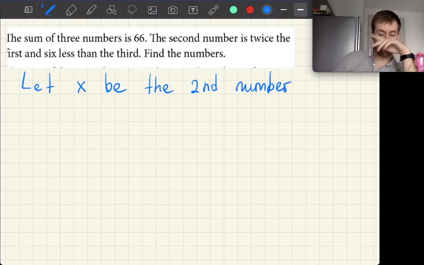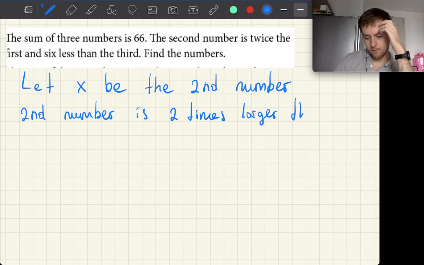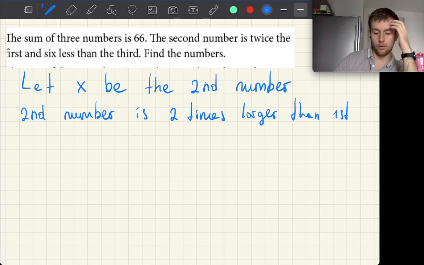We know that the second number is twice the first number, right? So the second number is 2 times larger than the first number.